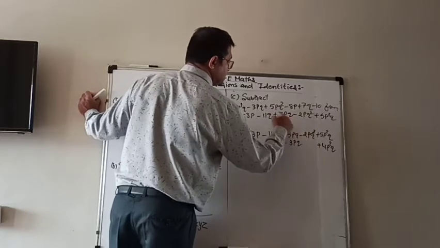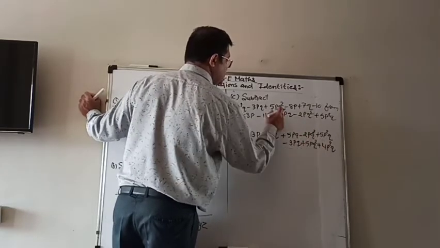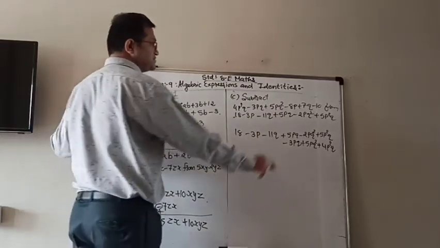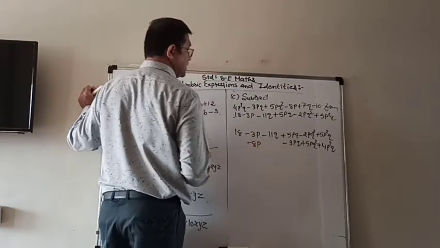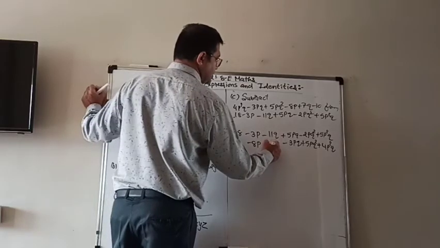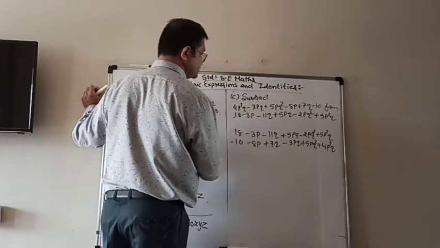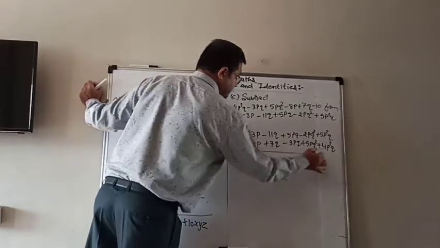Pq square is here. Plus 5pq square. So whenever you put it with the sign, then minus 8p. Here is 8p. Then plus 7q, so here will be plus 7q and minus 10. So be careful when you put them like that.